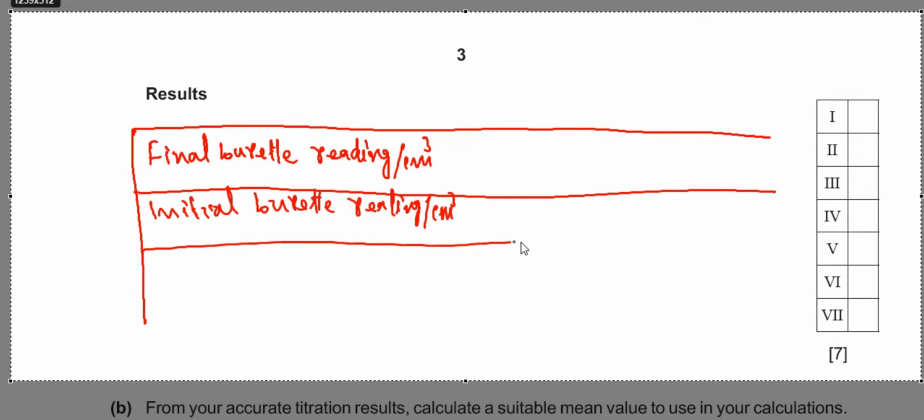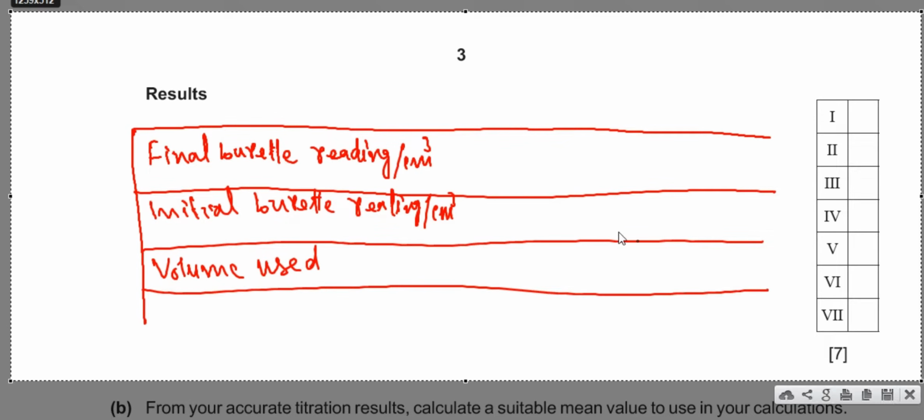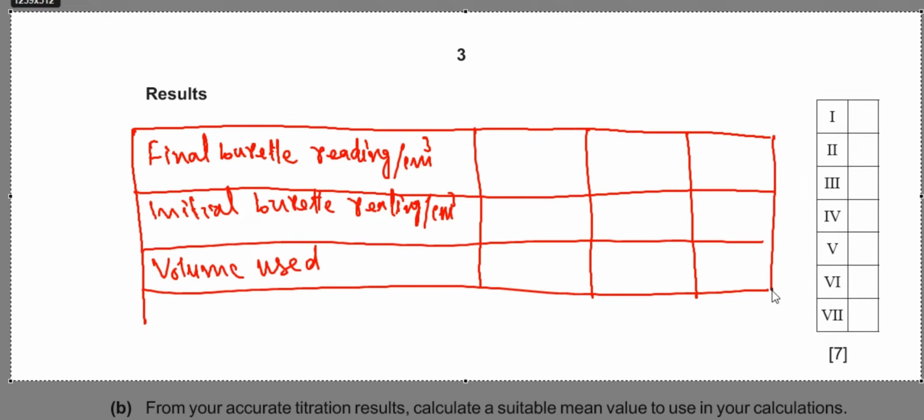Then you have to mention the volume used. Done. Here is your rough titration, which we already did, so follow the same sequence. Then this should be called the first titration, this the second titration, then the third titration, and so on.